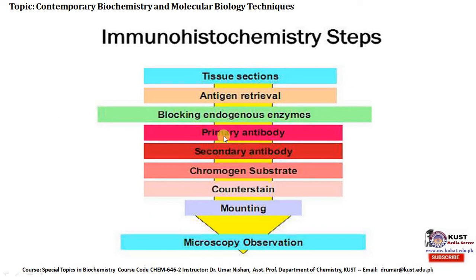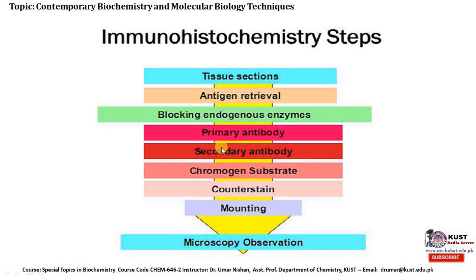And in case the antigen is not present in the selected tissue sections, the primary antibodies will be washed away, and so we will not be able to detect anything. So this antibody specificity is very important in conducting immunohistochemistry experiments.